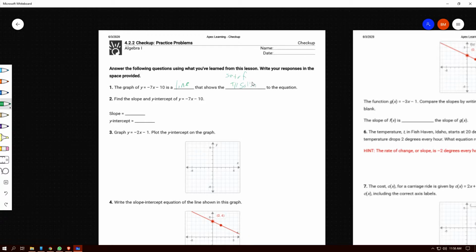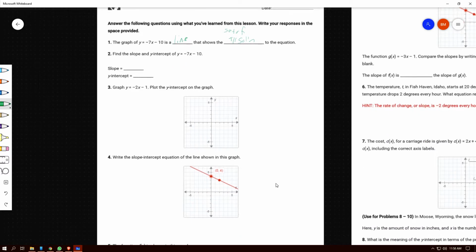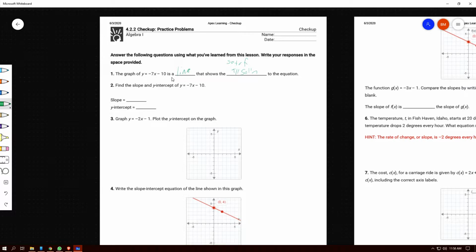So whenever you graph a line, like in this example below, this red line represents every single solution to that equation. Every single point, going down to however many decimals you can find, represents an answer to the equation. So that's what it's saying, that this graph is a line that shows all of the solutions.